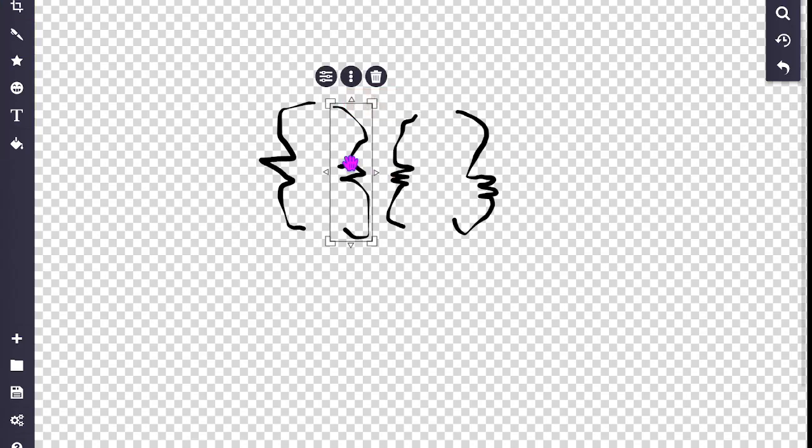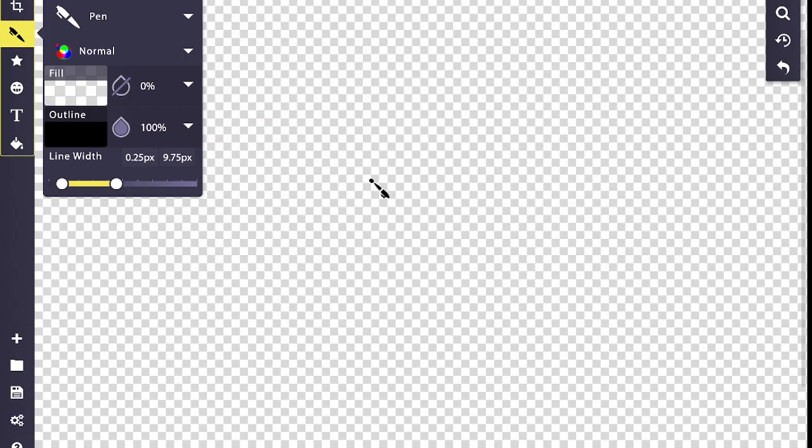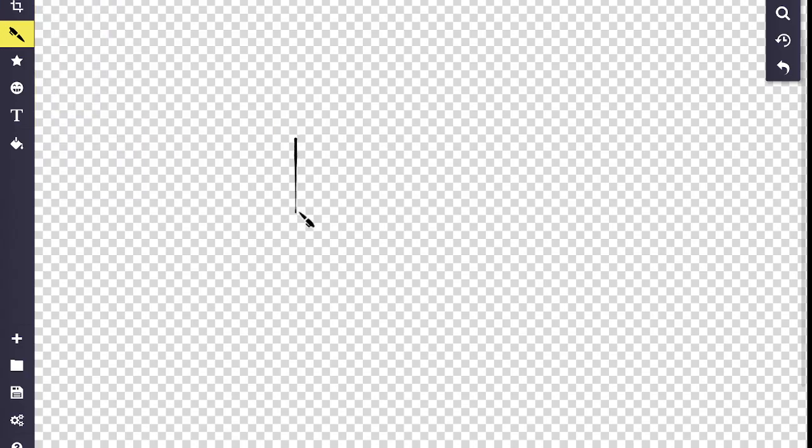Look, I'm doing this with a mouse. I'm trying, okay? Now, the square brackets. Finally, a little break.